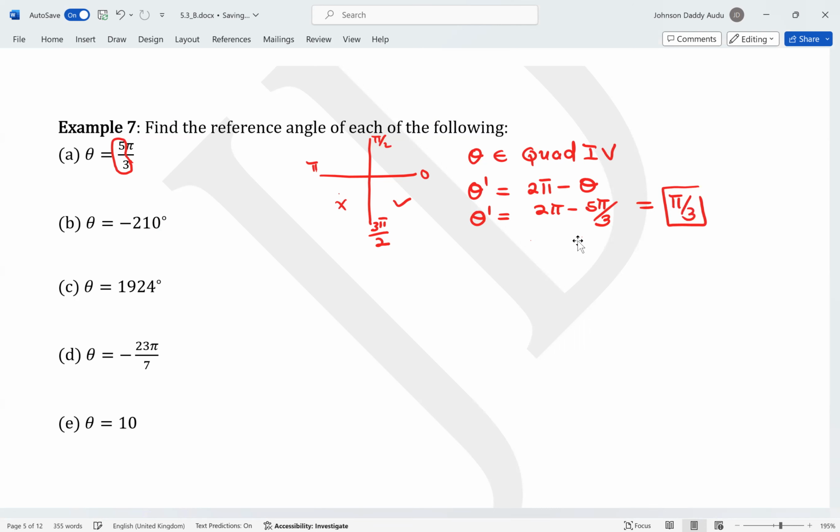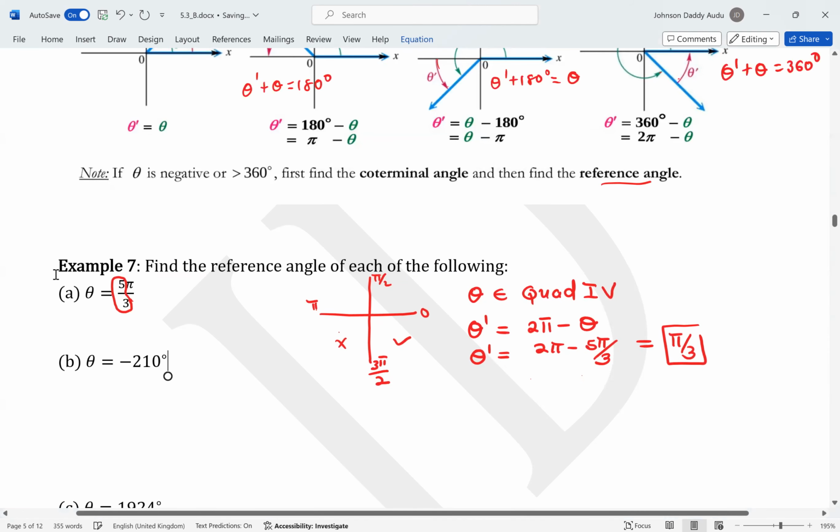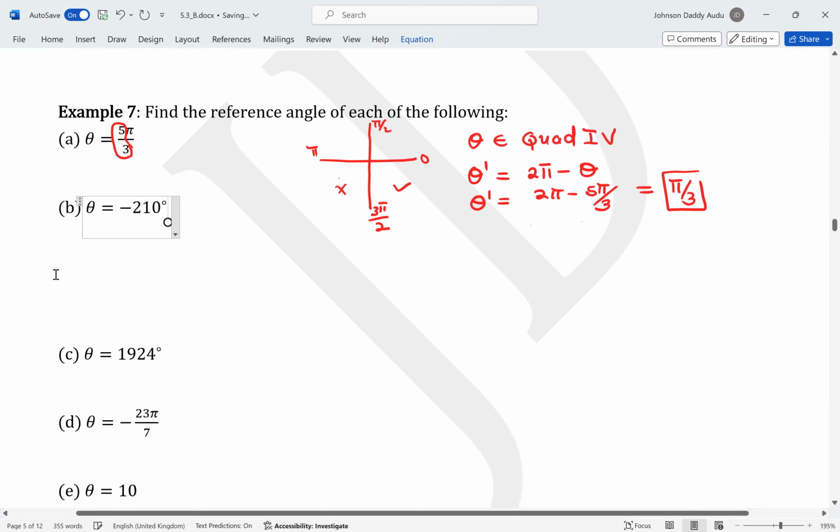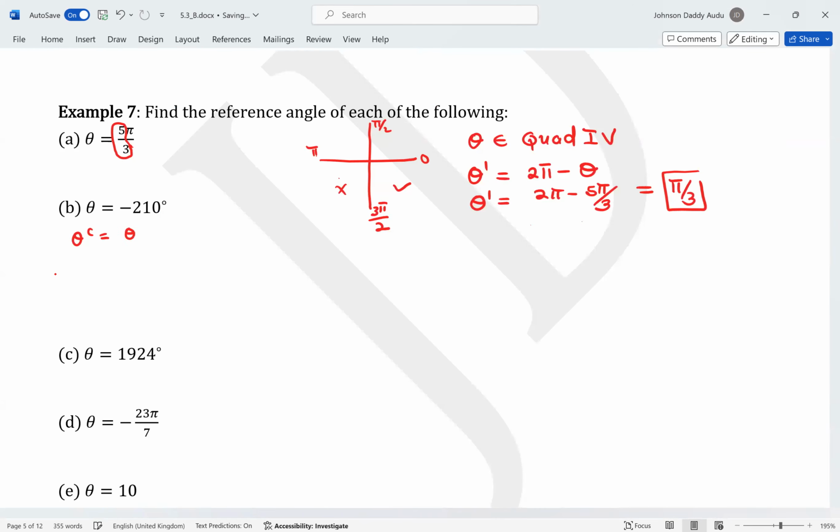Right? So for part B, the first thing we need to do is look at it: if theta is negative or greater than 360, the first thing we do is find the coterminal angle. Since it is negative, I will first find the coterminal angle, which is theta plus k times 360 degrees.